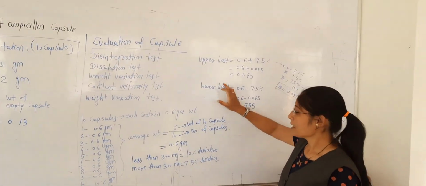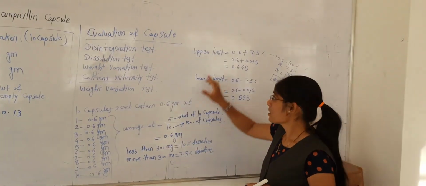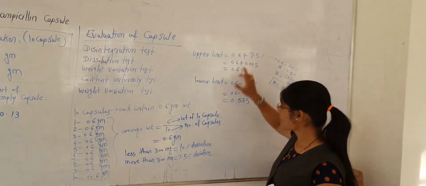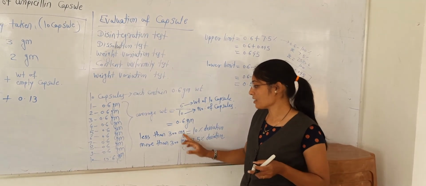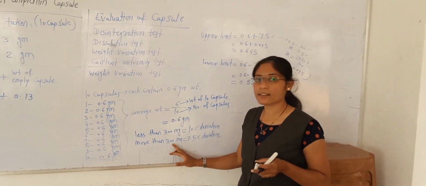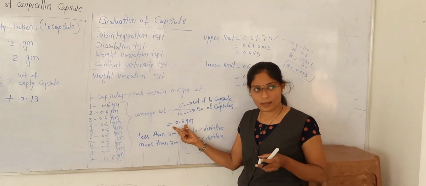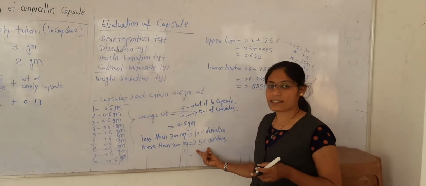Here, the average weight of the 10 capsules is 0.6 gram. For the upper limit, we add 0.6 gram plus 7.5%. Why? Because it is more than 300 mg. This 0.6 gram is more than 300 mg. The average weight is 0.6 gram and it is more than 300 mg, so the deviation is 7.5%.